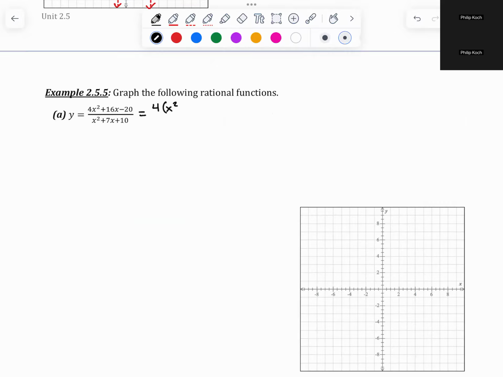And so that would leave us with an x squared plus a 4x minus a 5 divided by the denominator. We could factor it right now if we wanted to, but I'm going to hold off for the next step. So I'd like you guys to go ahead and factor that, practice your factoring. We're going to be doing a lot of that today once we get to 2.6.